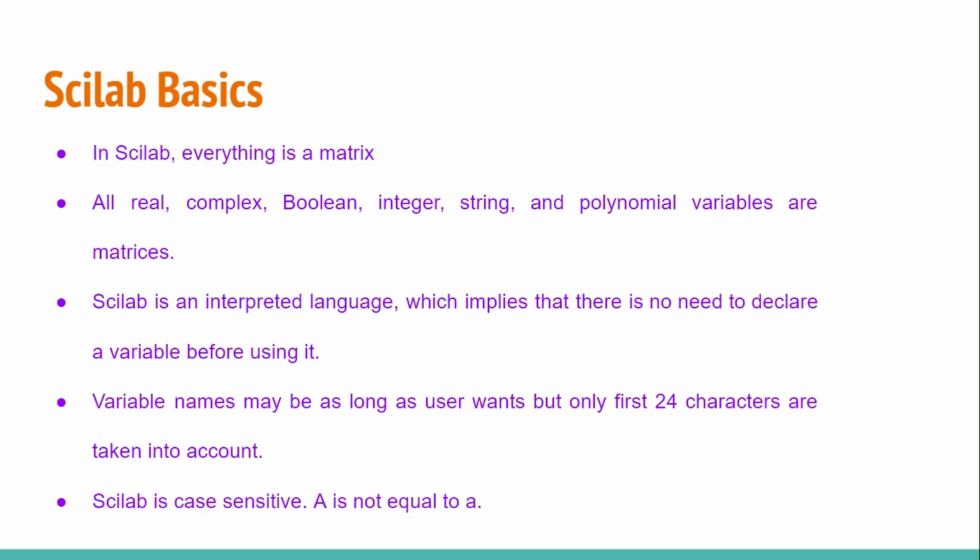Like other programming languages, Scilab is also a case-sensitive language. That means if you declare a variable with capital letters, it will not equal the small letters. For example, if you have taken a variable capital A and further in the programming you use small a as a variable name, then they are not equal.